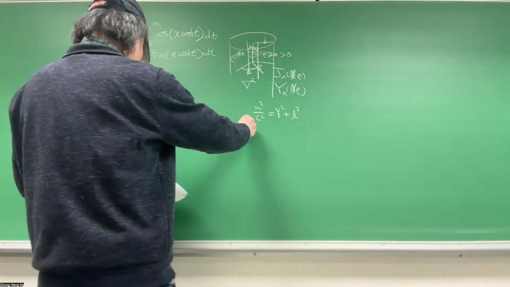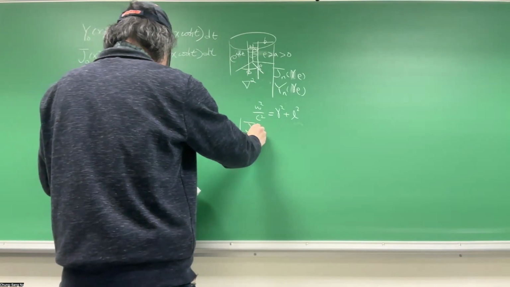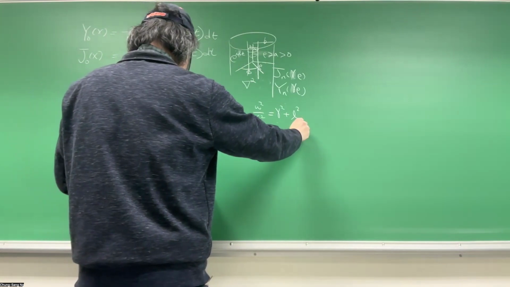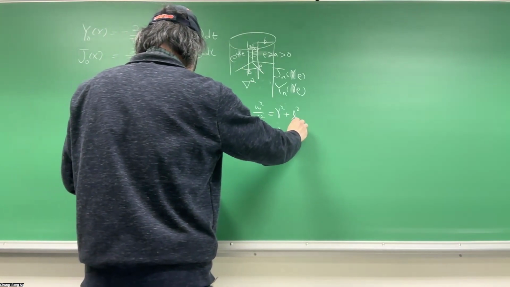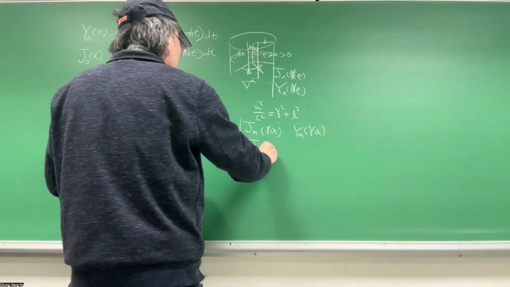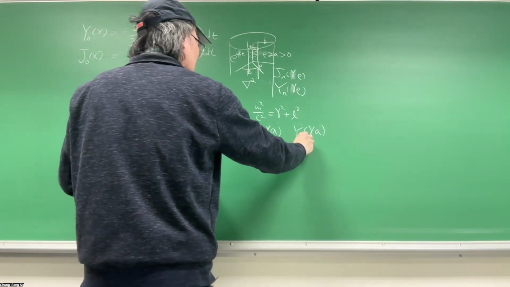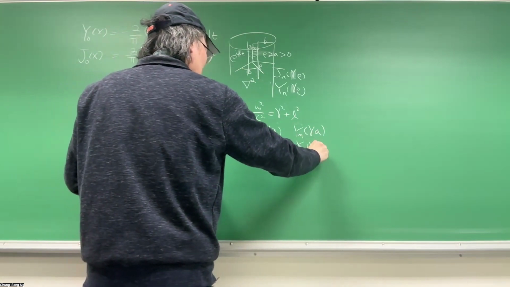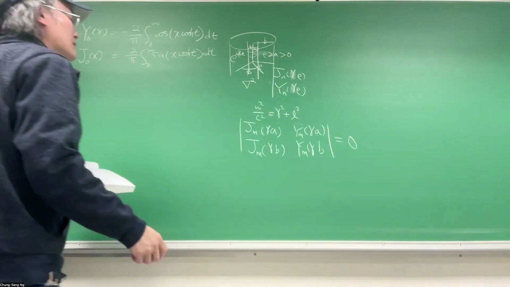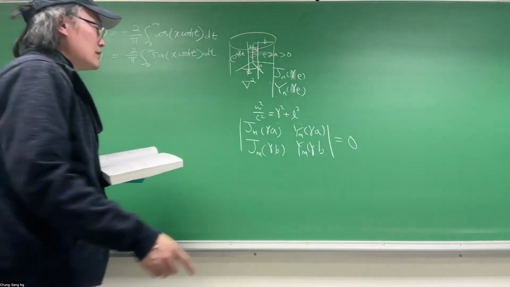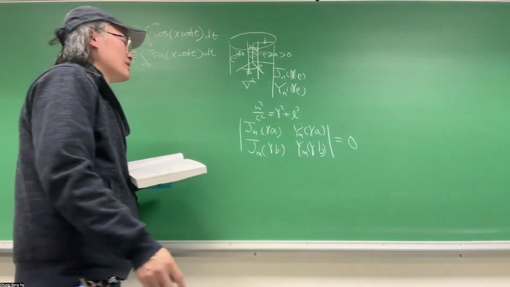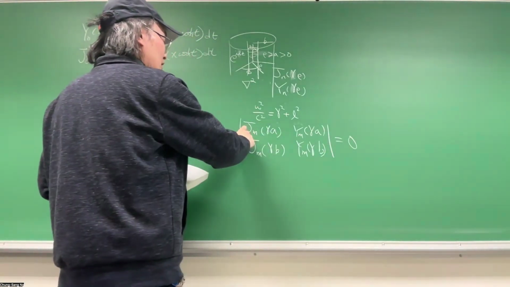So the determinant is J_m(gamma a), Y_m(gamma a), J_m(gamma b), Y_m(gamma b), equal to 0. You see that gamma a or gamma b are not the roots of either J or Y.